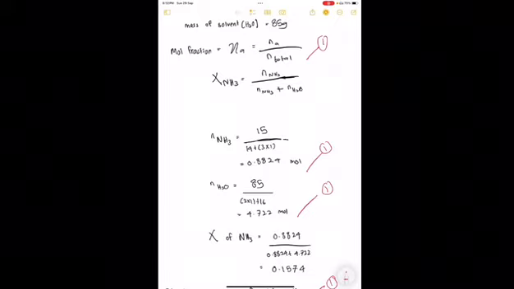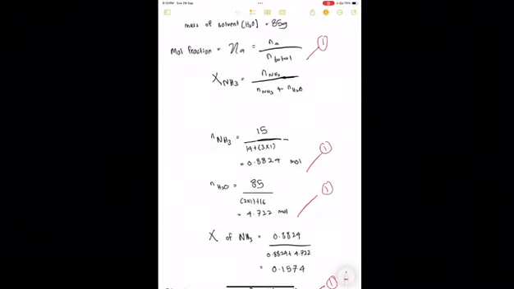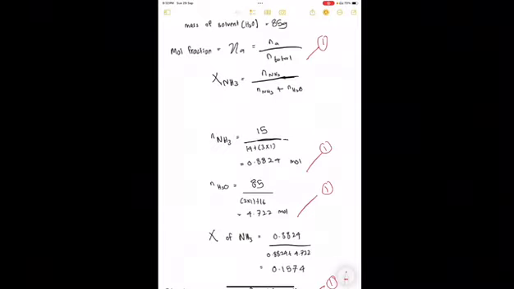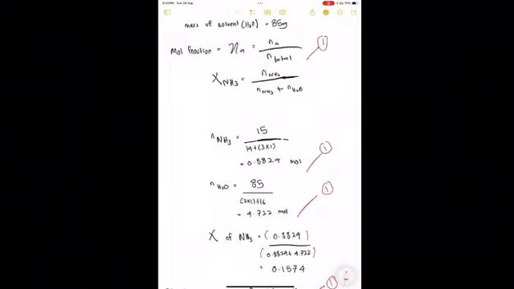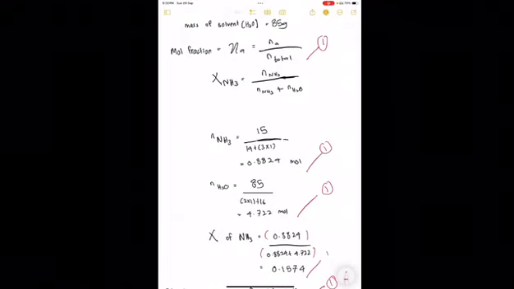Then we just substitute the value to find the mole fraction of NH3. So as we can see here, 0.8824 over the total number of mole of the solution. So we get 0.1574 as the answer. Remember, mole fraction does not have a unit, so we just leave it like that. So we can get one more mark over here.